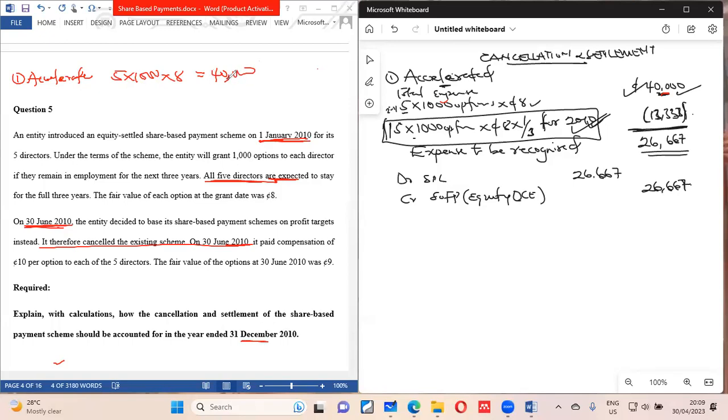So the only thing you do is the step one I gave you, which was what? Accelerate the vesting, right? You have accelerated the vesting. When I say accelerate the vesting, what I said was to recognize the amount that would have been recognized over the vesting period. And this is exactly that amount, 40,000. You won't have to deduct anything.